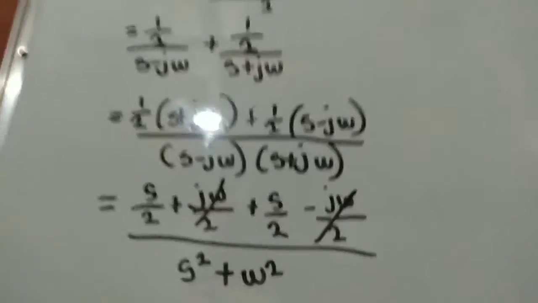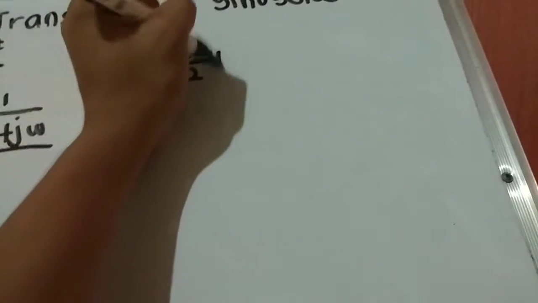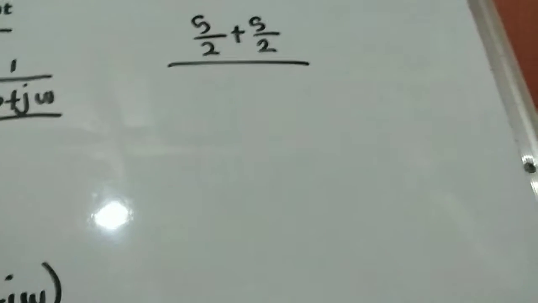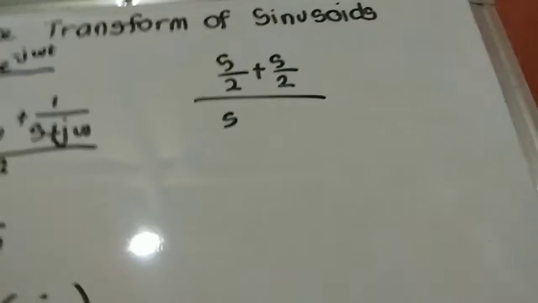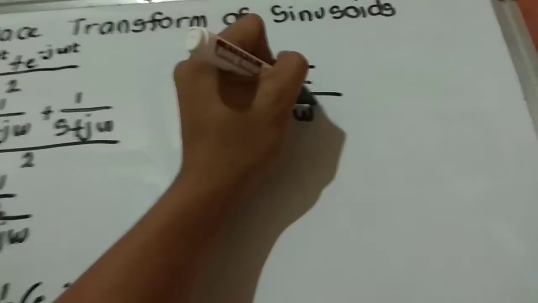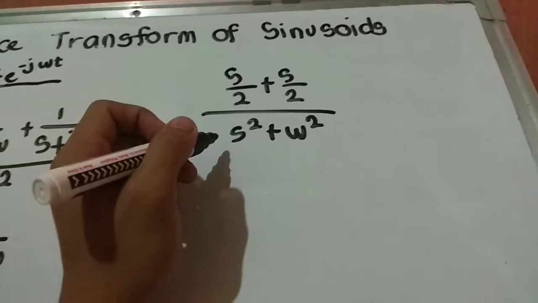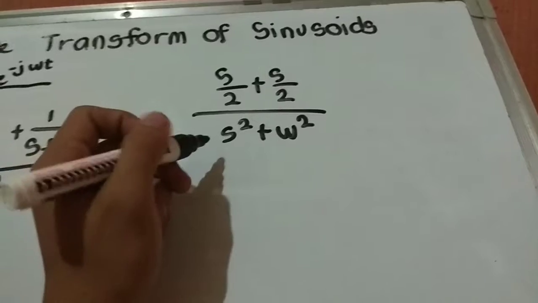So cancel these values. So s over 2 plus s over 2, over s squared plus omega squared. s over 2 plus s over 2 is equal to s.